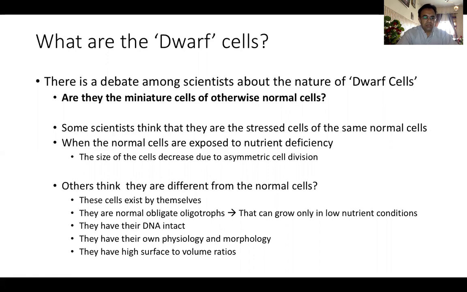What does it mean, surface to volume ratio? It means because their size is small, they have bigger surface exposed to the environment, so that they can take advantage of the bigger amount of possible absorptions from the outer environment.